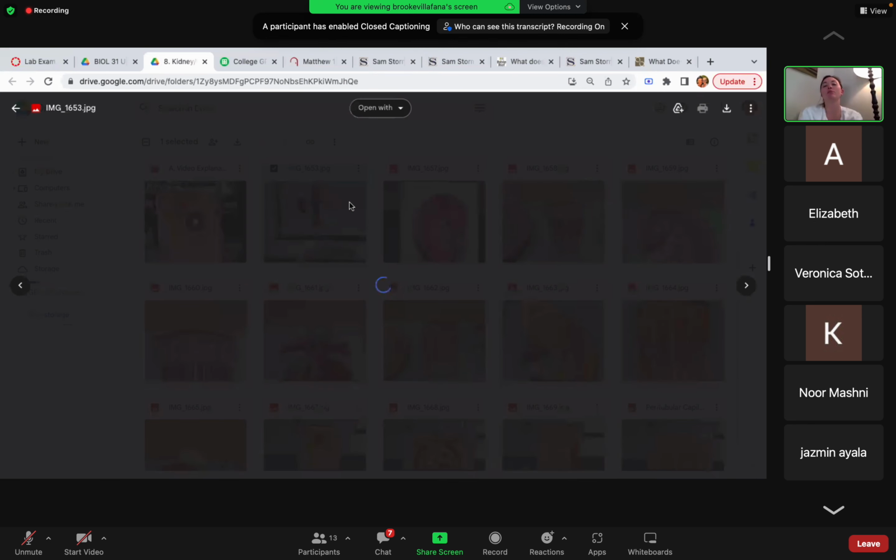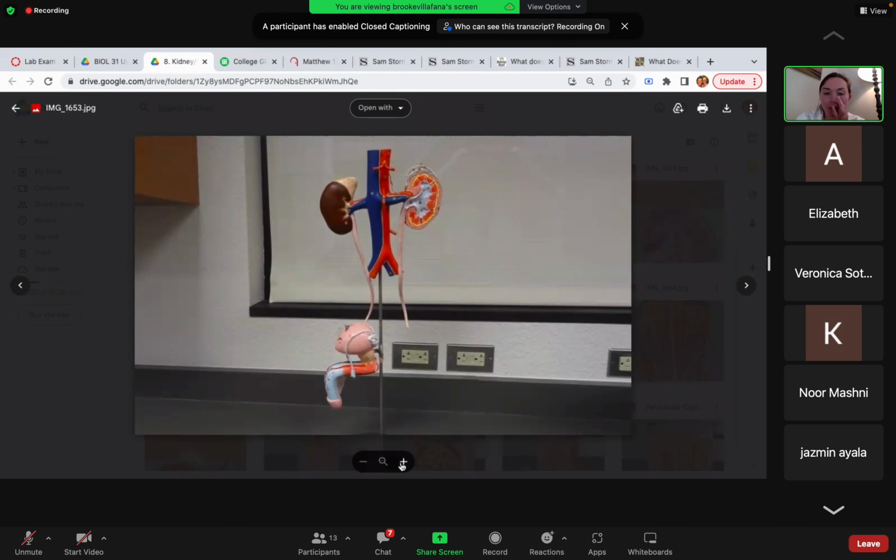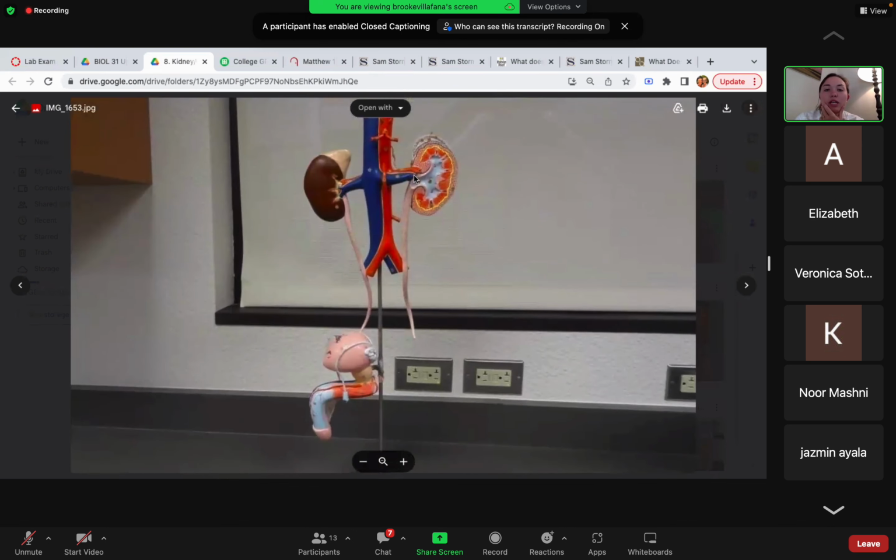There's also this model, and I'm just going to show it to you before we look at the other one. This model doesn't have a whole lot on it that you would be tested on, but I do want to show you what could be tested on it, because I believe I had it on my final. So renal artery and renal vein, okay?